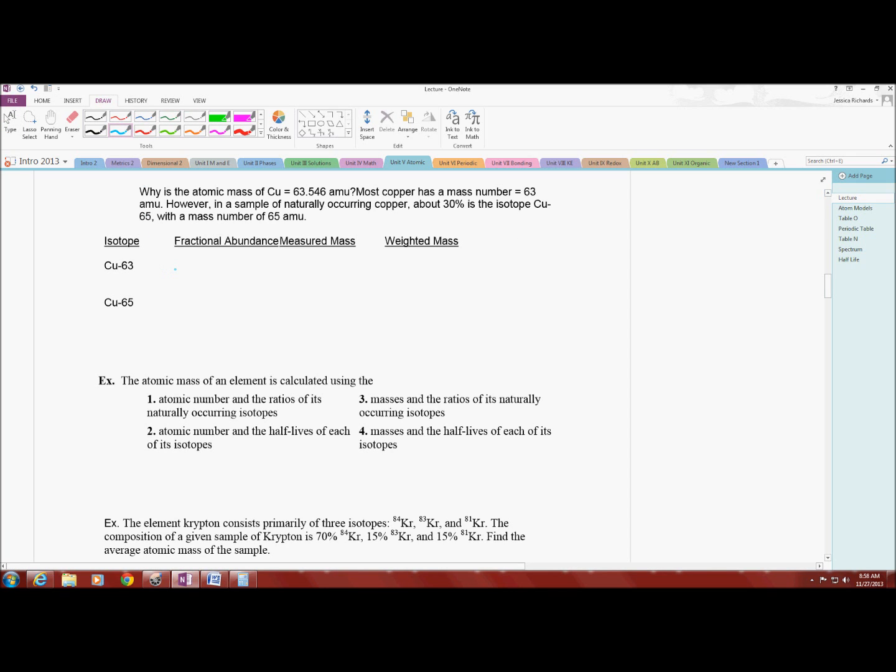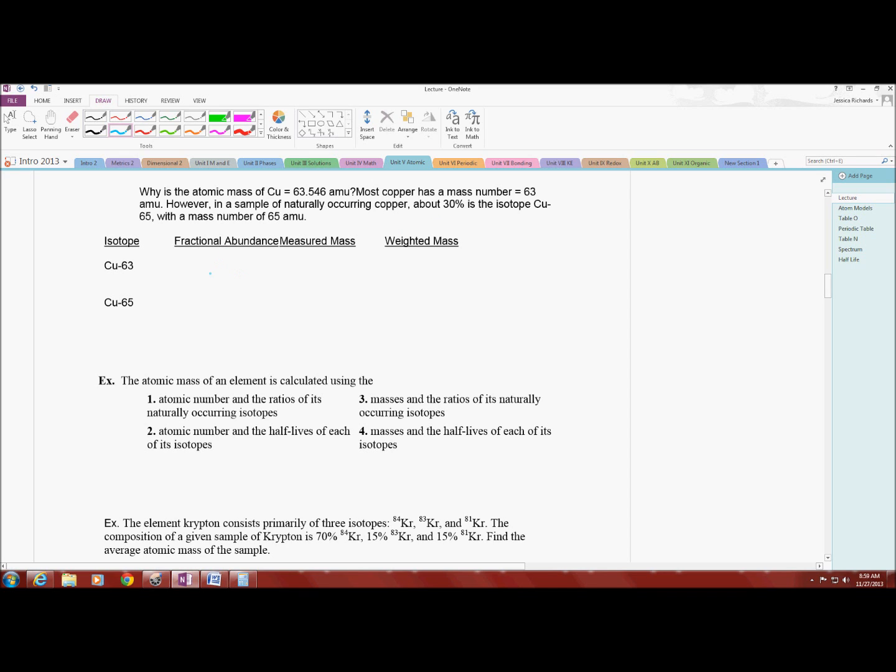So when we look at this example for copper, to try to explain what's going on, it says why is the atomic mass of copper 63.546 if copper has a mass number of 63. So most copper is 63, and in nature we have another isotope of copper, and we get about 30% of that isotope, and it's 65.